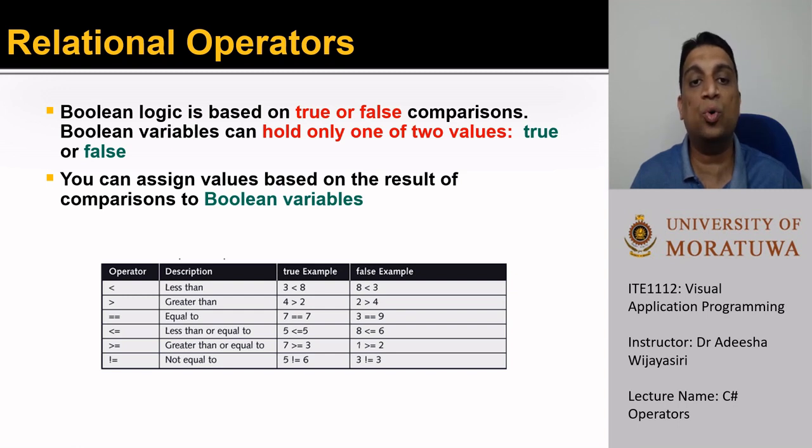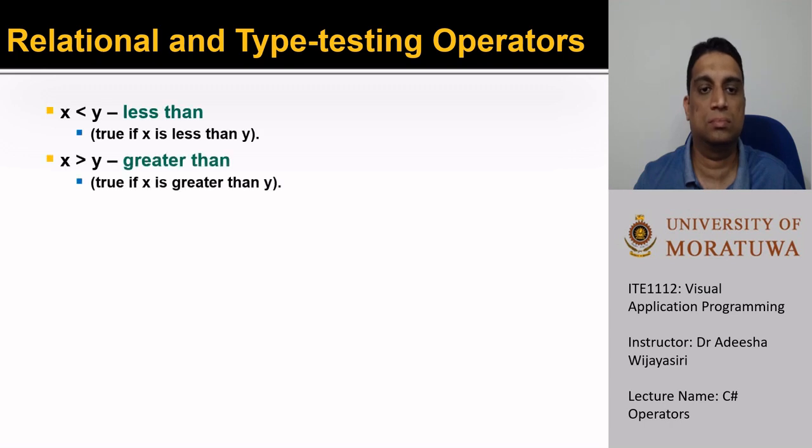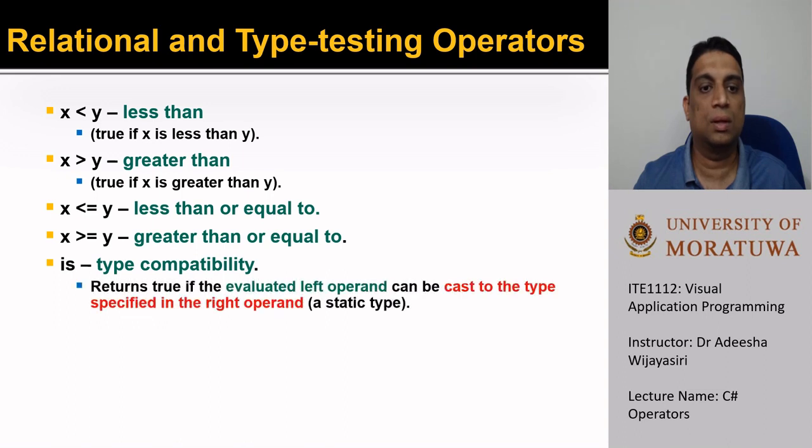This will return true if its operands are not equal, or false otherwise. Is operator also returns a Boolean value after checking if the evaluated type of an expression is compatible with the given type. We will discuss this further with an example in the demonstration.